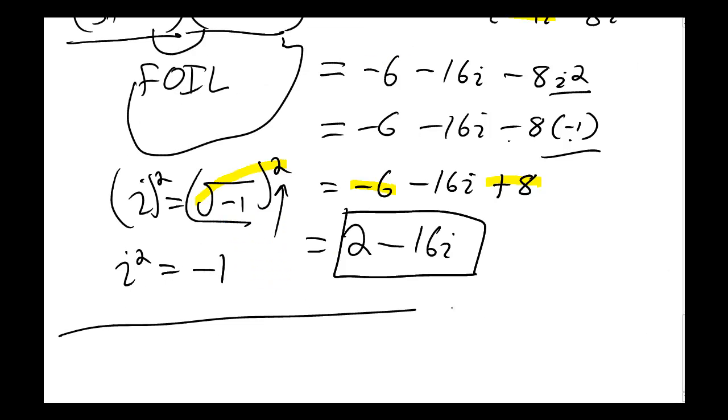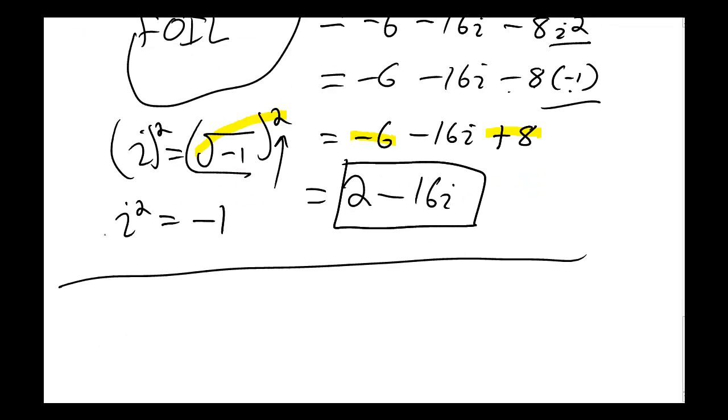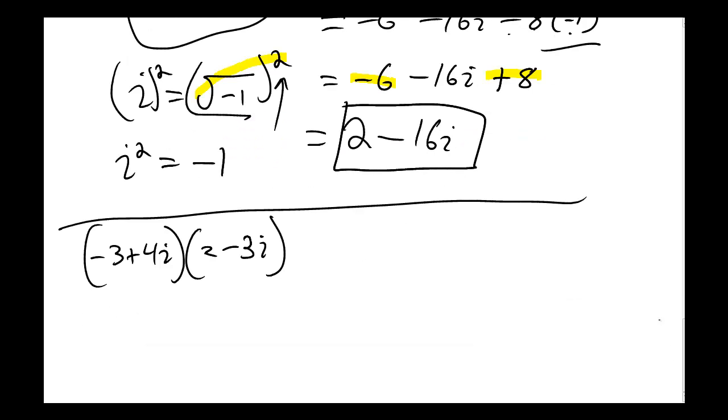Let's do one more. If I have negative 3 plus 4i times 2 minus 3i, I'm going to FOIL this.